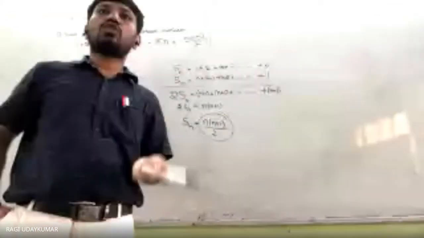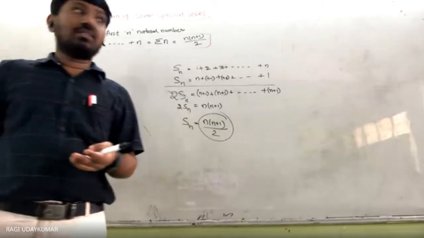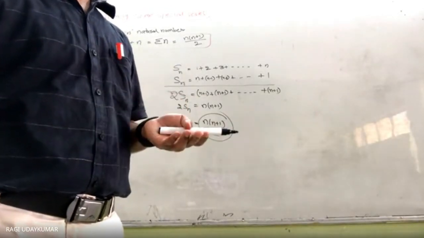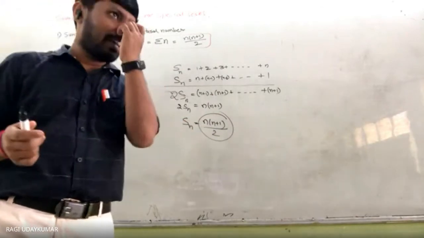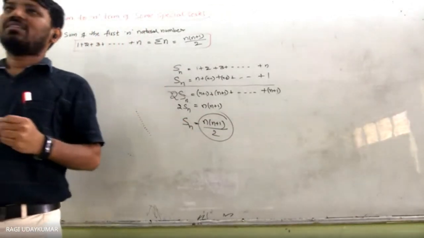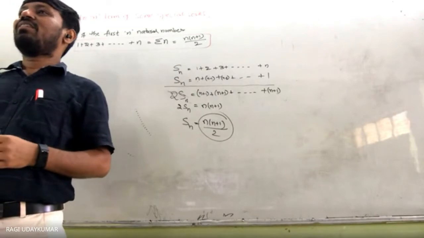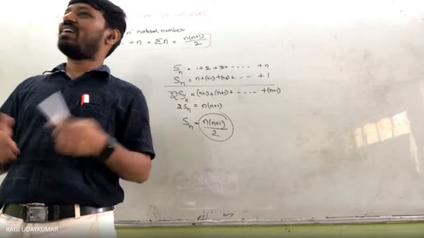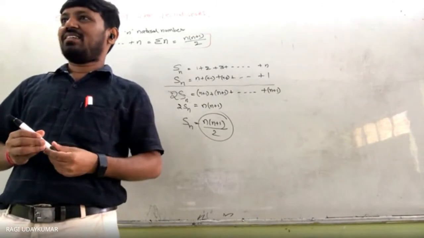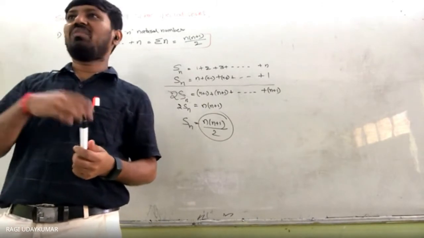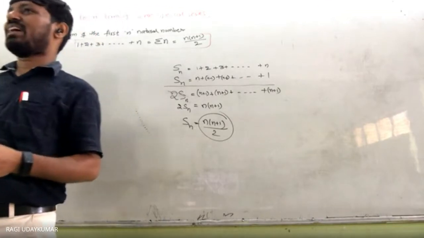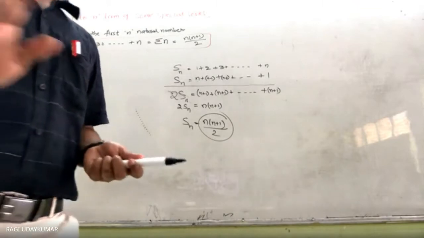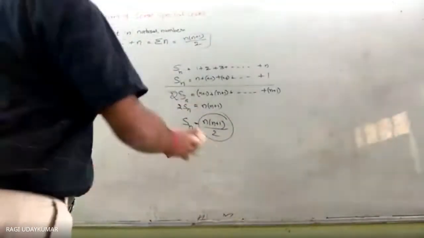Suppose the question is given to you to find the sum of the natural numbers from 51 to 100. 51 to 100 find out करने के लिए, so what to do? 1 to 100 sum find out करो. 1 to 50 sum find out करो. ये subtract, 51 to 100 आ जाए. Because 1 to 100 का sum का formula we are having, 1 to 50 का sum we are having. We need 51 to 100, means the same thing should be done. So this is the sum of the first n natural numbers.